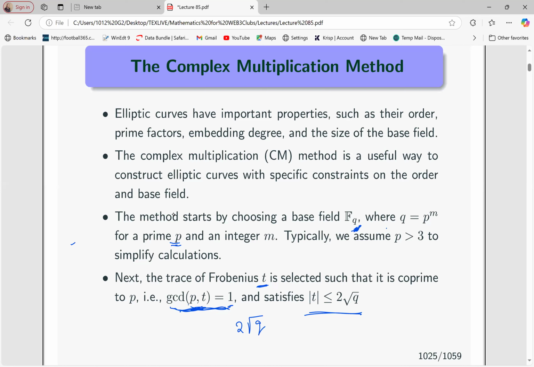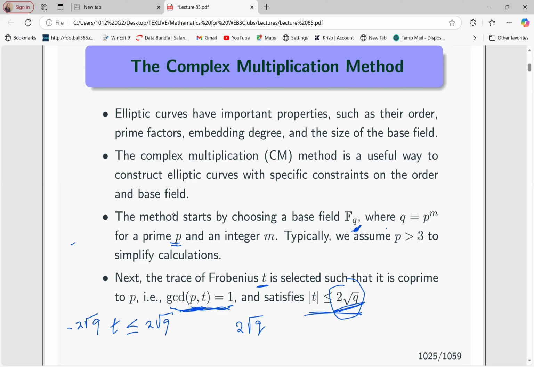So you can see there's a relationship between t and q. T should not be greater than this number. It must be in this range, from negative 2 root q to 2 root q.